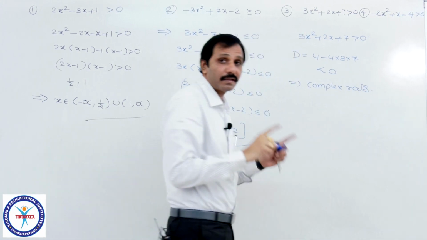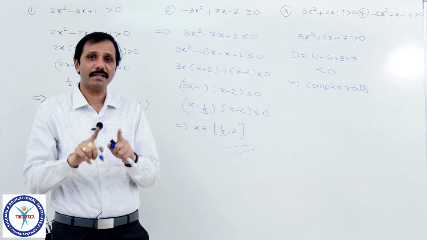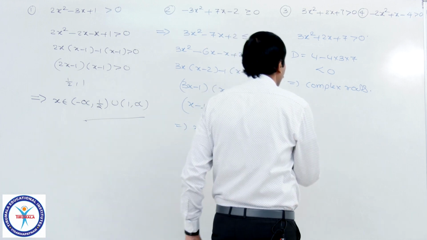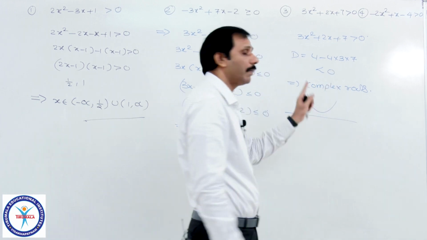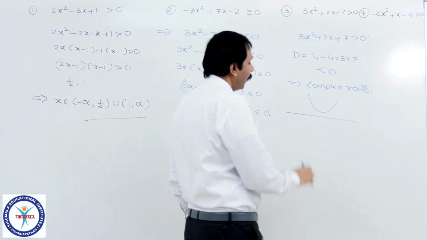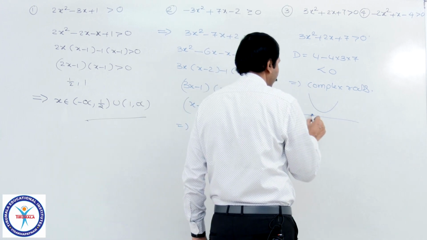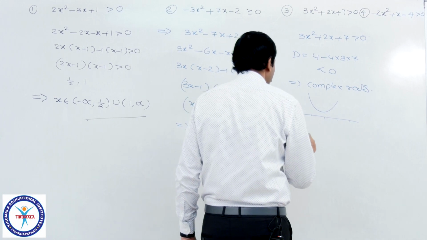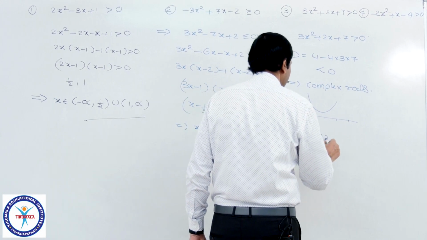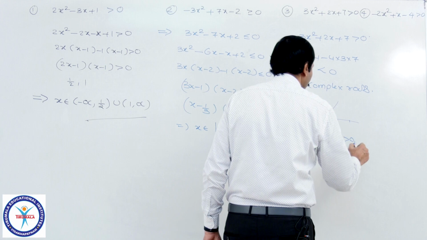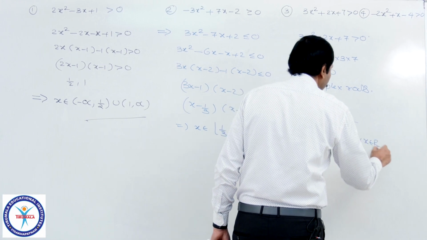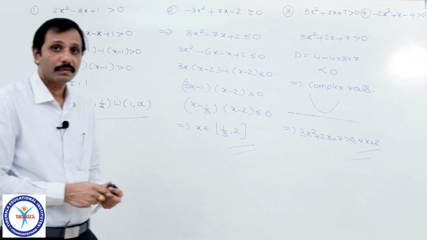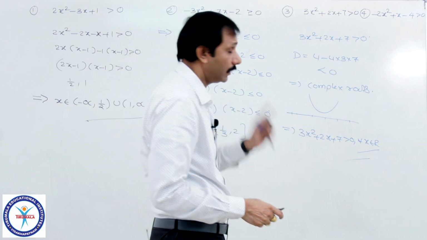Complex roots means that the quadratic will never touch or cut the x-axis, and observe the coefficient of x square is positive, it will be completely above the x-axis. Therefore, whatever value of x you take, this expression is always positive only. I can say 3x square plus 2x plus 7 greater than 0 for all x belonging to capital R. Hope you understood, based on the discussion we have done.